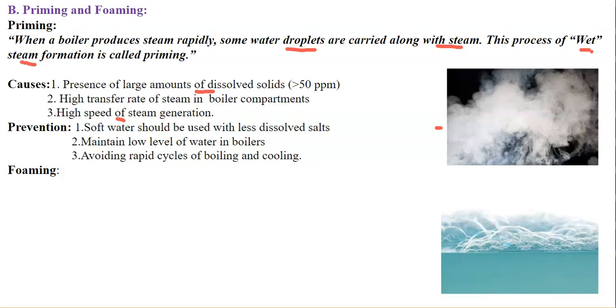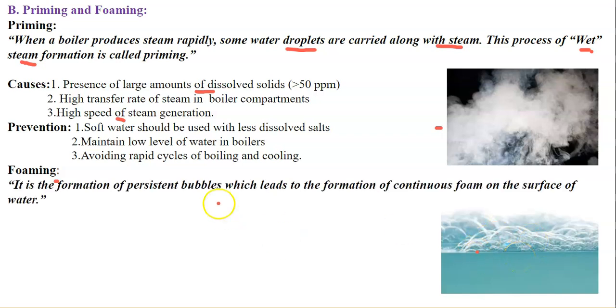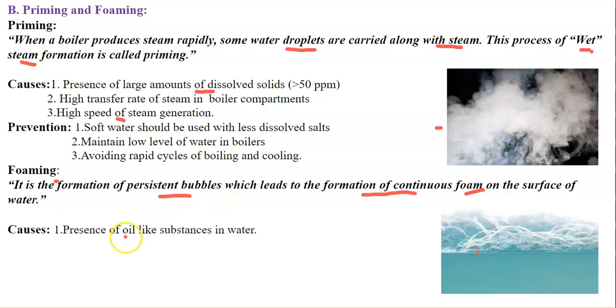Next is foaming. So what is foaming? As the name suggests, it is the formation of foam in the boiler water. You can see here there is a formation of foam on the surface of boiler water. The formation of persistent bubbles which leads to the formation of continuous foam on the surface of water is foaming. So what are the causes? If water contains some oil-like substances, it will lead to the formation of foam.